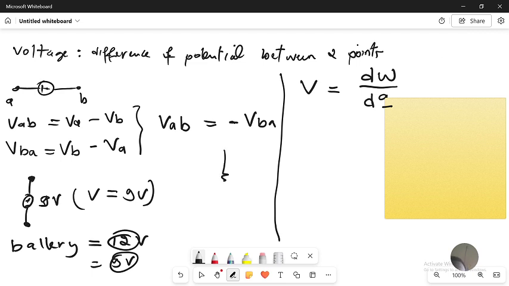Let's say for example we have the resistor R1, we can say VR, the voltage across this resistor.